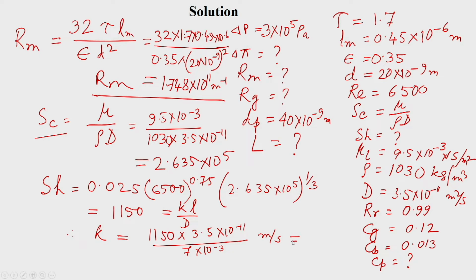So, it is coming out as 5.8 into 10 to the power minus 6 meter per second. Okay. So, now we have this mass transfer coefficient also.